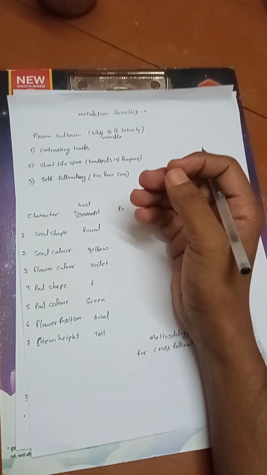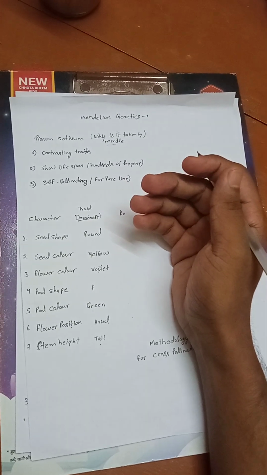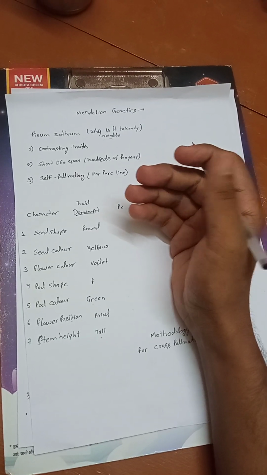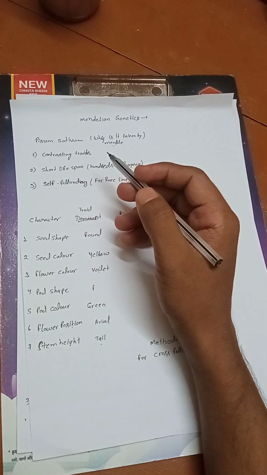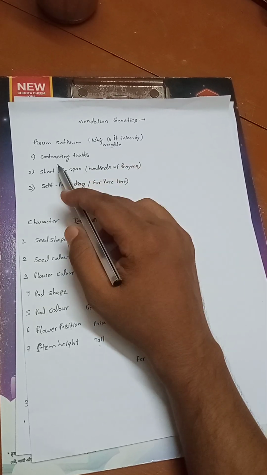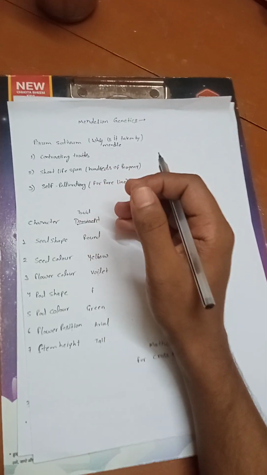The question arises: is it the only reason Mendel chose the pea plant? The answer is of course not. Another reason for Mendel choosing the pea plant is contrasting trait. And what is the meaning of contrasting trait?